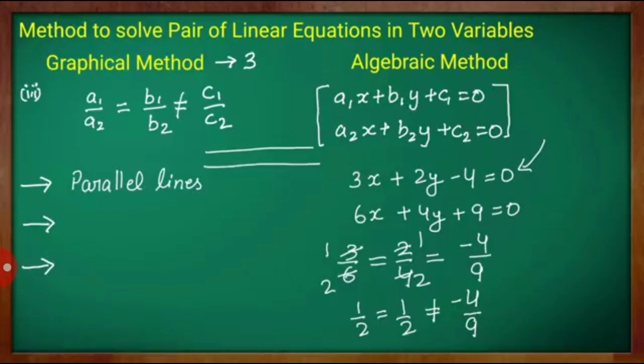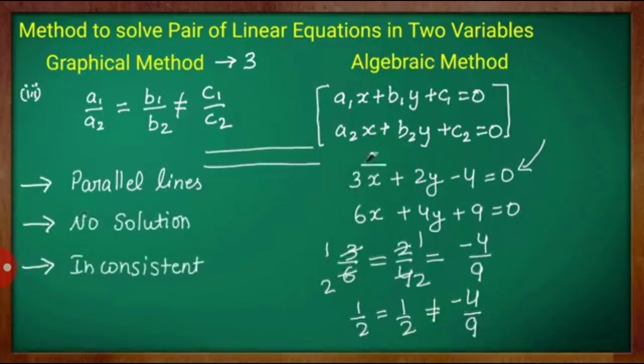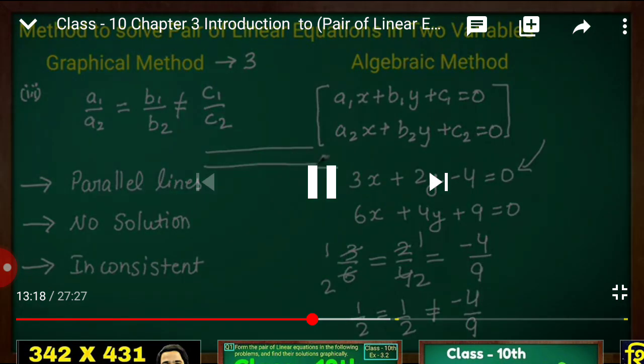They are parallel lines and they will not meet each other anywhere. It means no solution can be formed from this pair of lines, and it is inconsistent. For consistent, at least one solution is required, as you know very well. Okay, that's all.